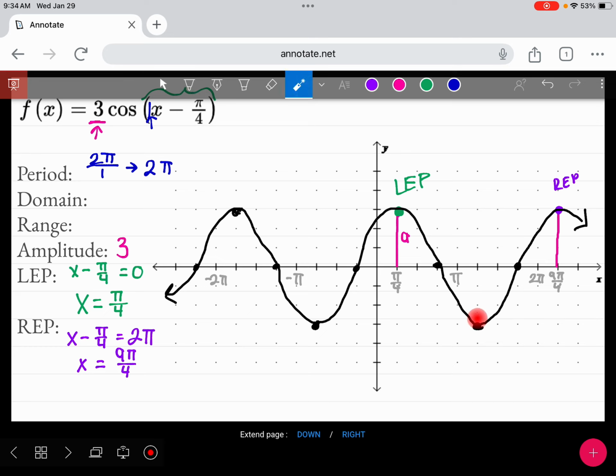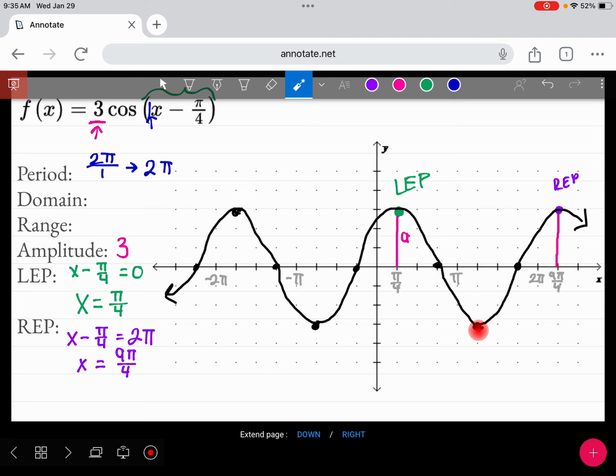Halfway between our endpoints is going to be our other kind of extreme value. Halfway between those is where we have 0. And then we just follow the pattern. So it was 1, 0, negative 1, 0, 1, 0, negative 1, 0, 1, 0, negative 1, 0.